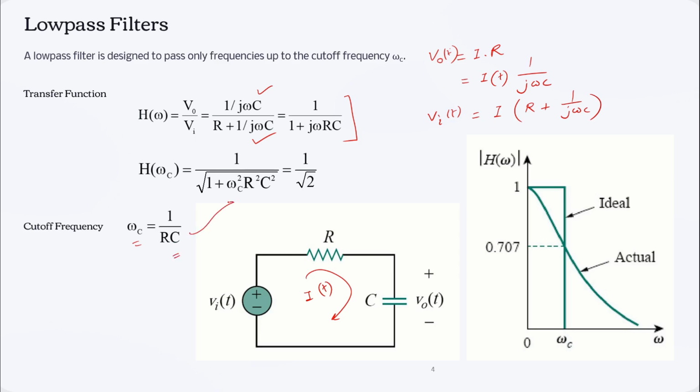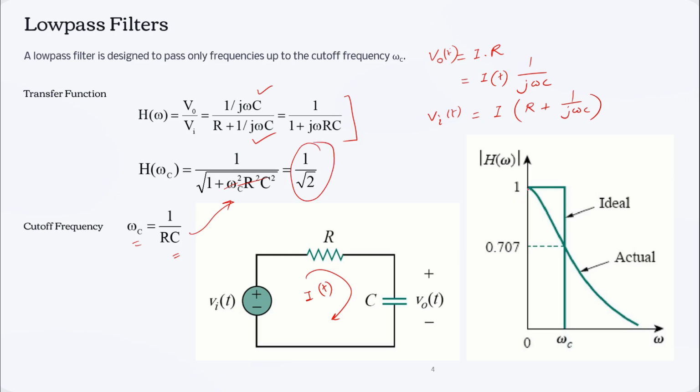If we put this here, then the value of H at omega c will be, these two terms will get cancelled and the remaining will be 1 by root 2. So the value of the transfer function or the gain is 1 by root 2.